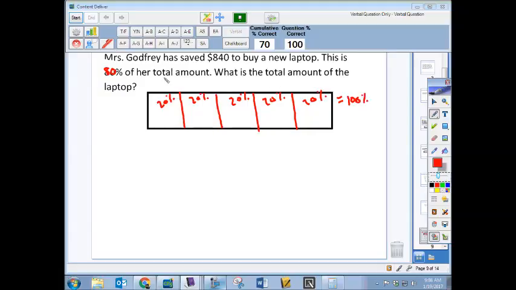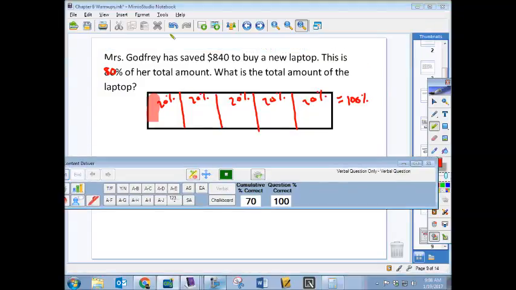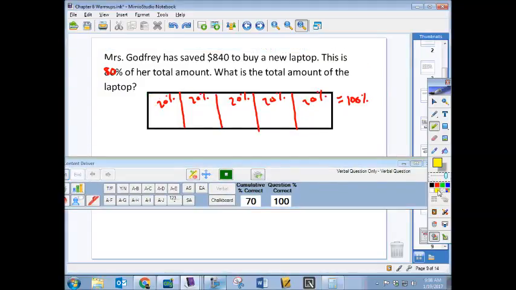Now, Mrs. Godfrey has saved $840 to buy a new laptop. This is 80% of her total amount. What is the total amount she needs? So this, like the one we just did, is the exact same type of question, because I'm going to highlight 80%. We are trying to figure out the total. We do not know the total cost. So once again, I'll use this little bracket here. What is that 80% representing?